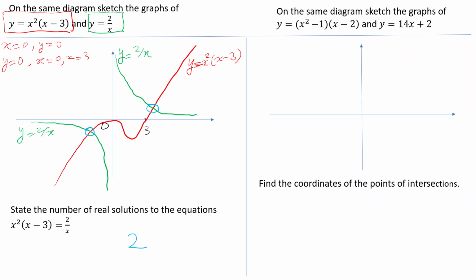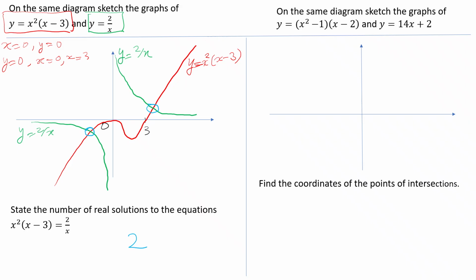Next question, on the same graph, sketch the graphs of y equals x squared minus 1 times x minus 2 and y equals 14x plus 2. So I'm going to draw the first one. The first graph is the cubic graph, and x squared times x is a positive x cubed, so this is a positive cubic graph.